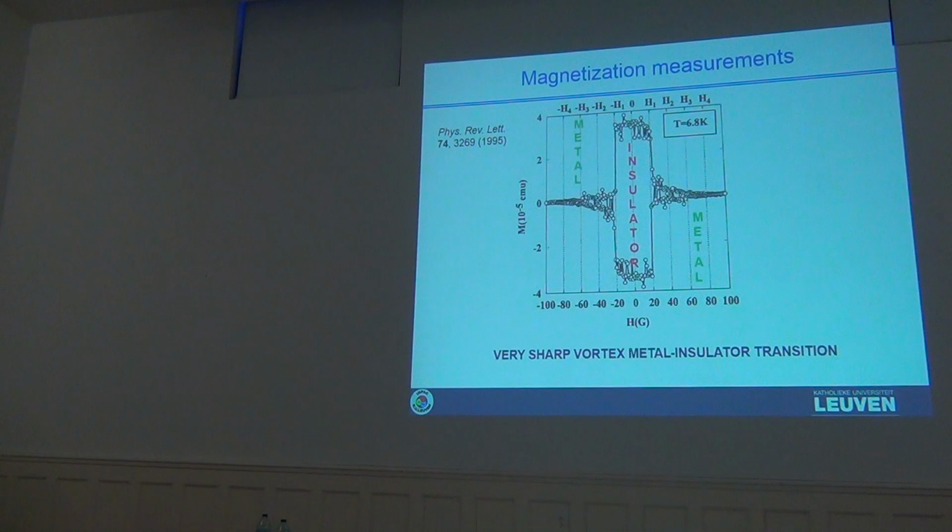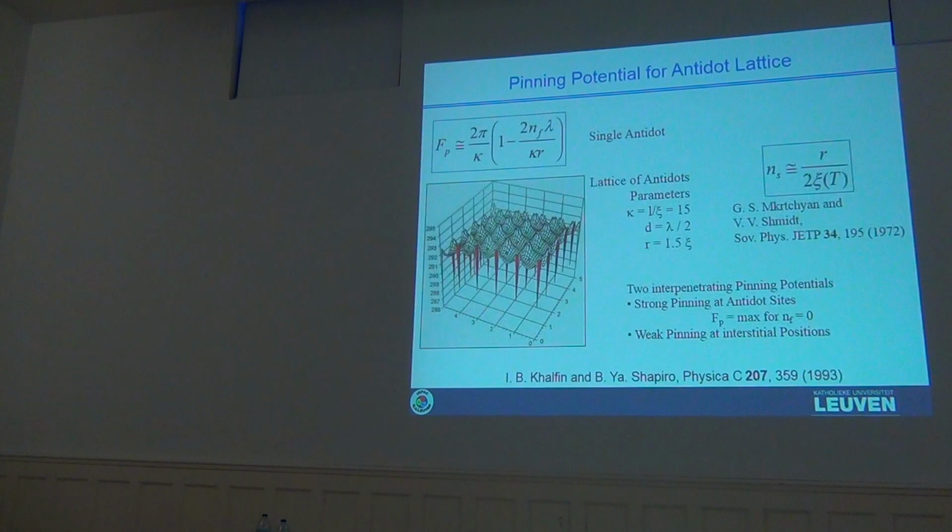If you now have more vortices than pinning sites, then the other vortices cannot be pinned here, so they are forced to occupy interstitial positions, and the pinning potential here is very shallow, even for temperatures close to Tc. There is no localization of these vortices.